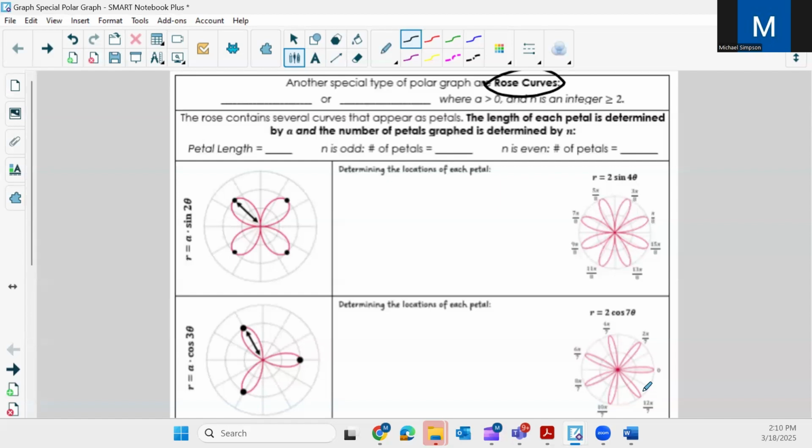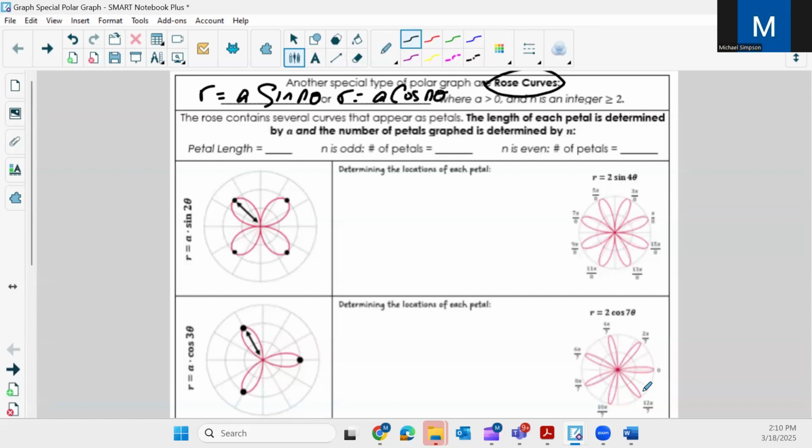So here are the equations for rose curves. The equation format is this. R is equal to A sine n theta. That's one way. R is equal to A cosine n theta.